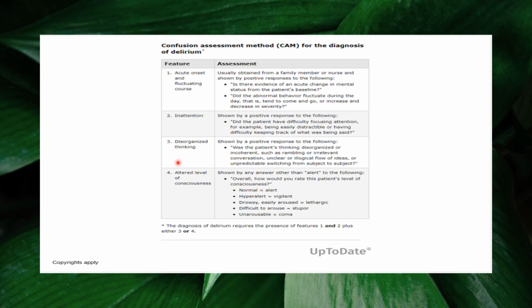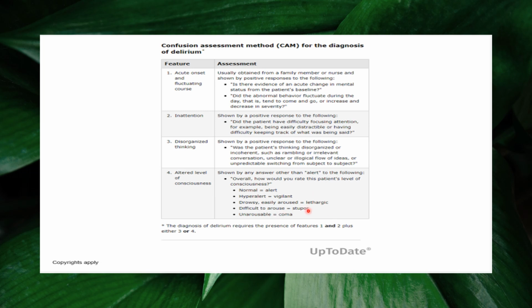Out of parameters 3 and 4, at least one should be positive to confirm the diagnosis of delirium. Parameter 3 assesses the presence of disorganized thinking. Disorganized thinking is assessed by whether the patient makes irrelevant conversation or has an unclear or illogical flow of ideas or unpredictable switching from subject to subject.